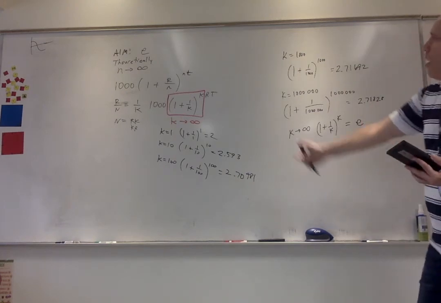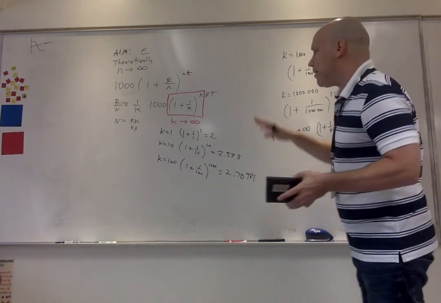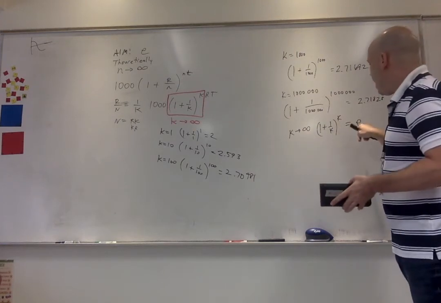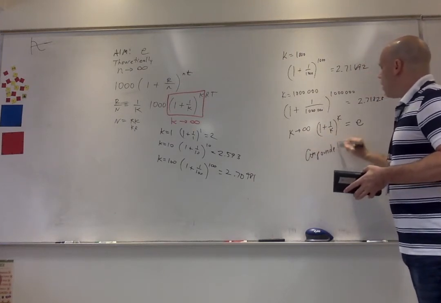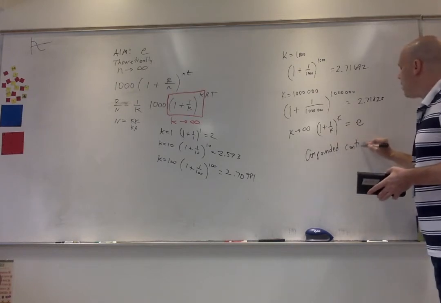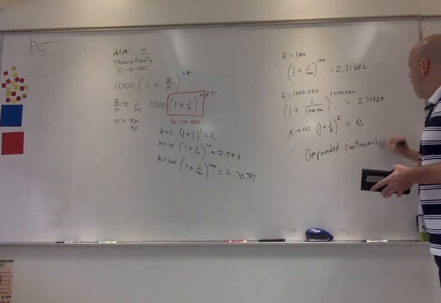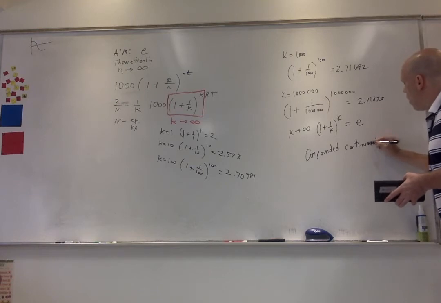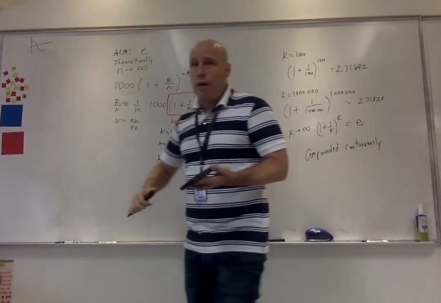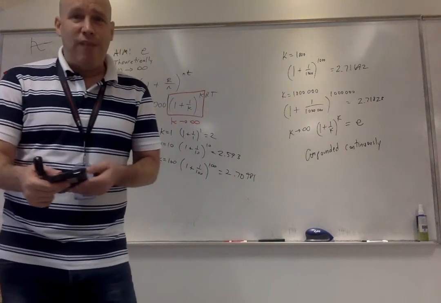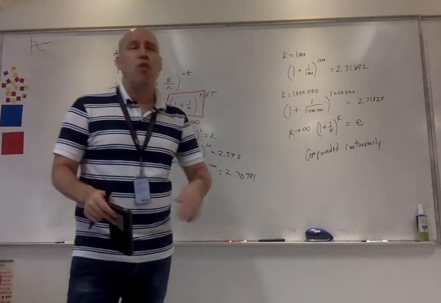And so when we have a rate, we call it compounded continuously. If you think about it, many things that we study actually compound continuously. For example, the growth and death rate of animals.